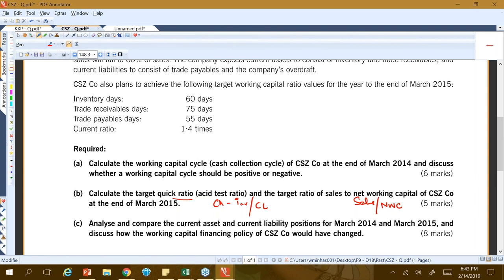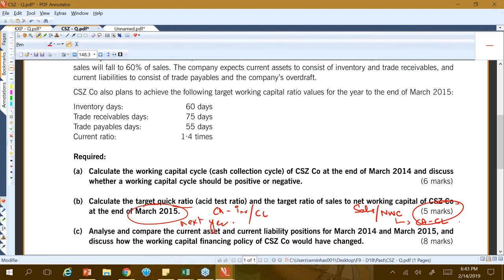And we already know how to compute the working capital, which is current assets minus current liabilities. So what are the sales generated by the working capital employed of CSE at the end of March 2015, which is the next year? So that's what we need to do for 5 marks here. We need to find the 2 ratios for the next year in this requirement. So let's read this further.